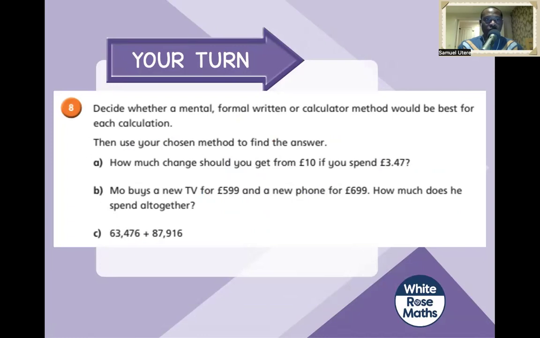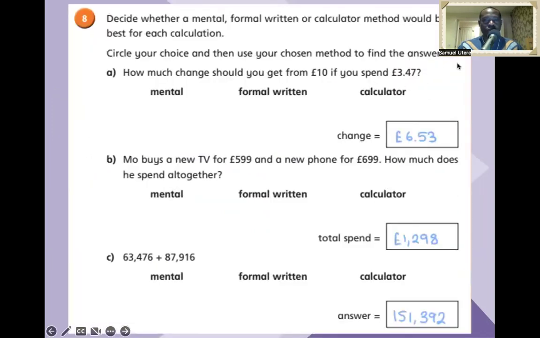Assuming you've paused the video and you've answered question 8, here are the answers. You were asked to decide whether a mental, formal written, which is the column method, or calculator method would be best for each calculation. Circle your choice and then use your chosen method to find the answer.